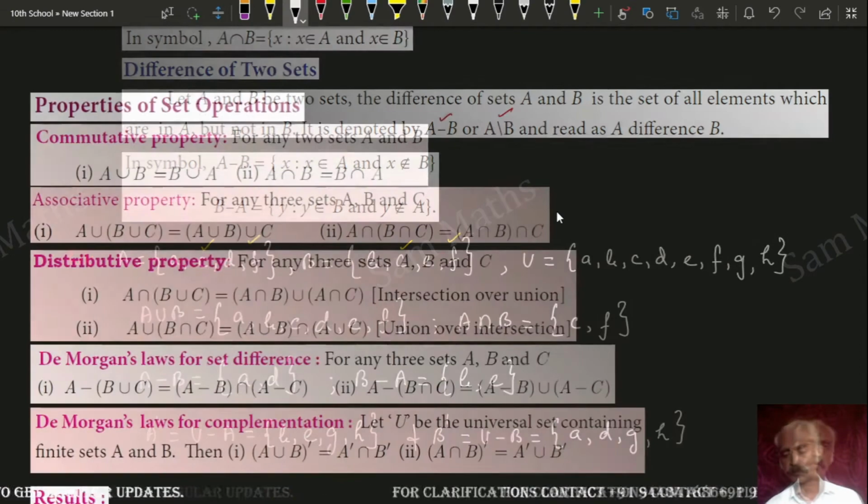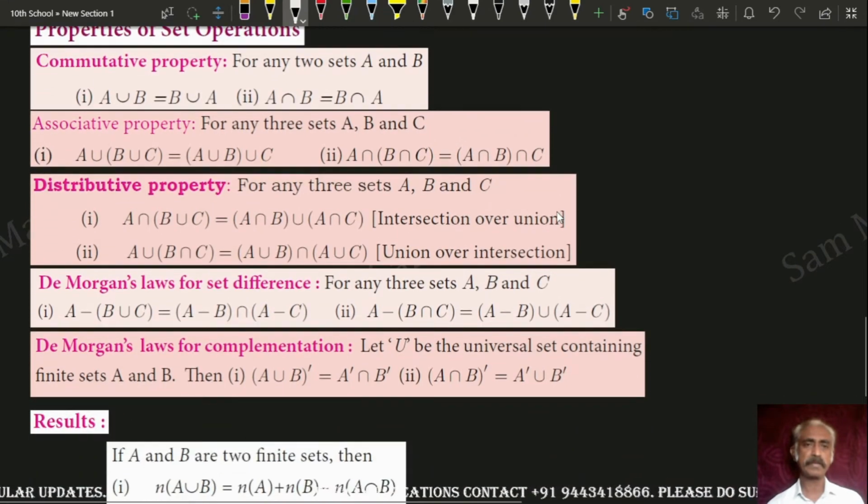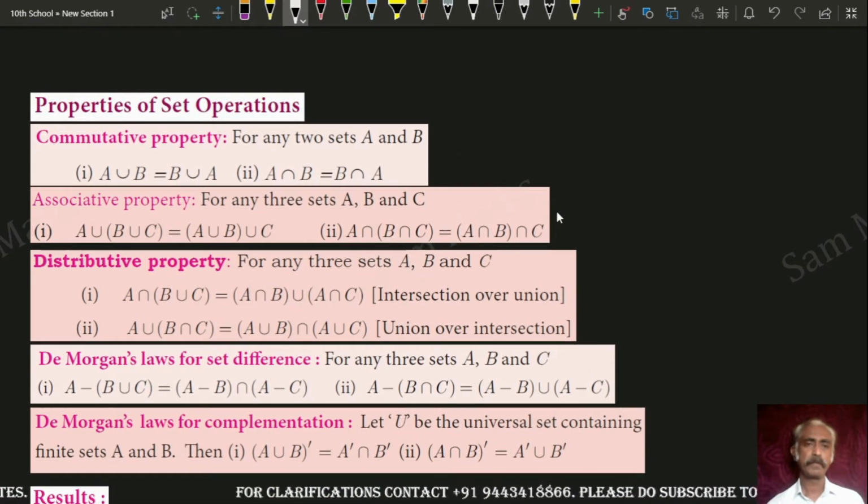Clear, children? Next, some properties we are going to discuss. Properties of set operations. Commutative property. For any two sets A and B, A union B is equal to B union A, and A intersection B is equal to B intersection A. So you must know that the commutative law is true in union of sets and intersection of sets, but it's not true in set difference.